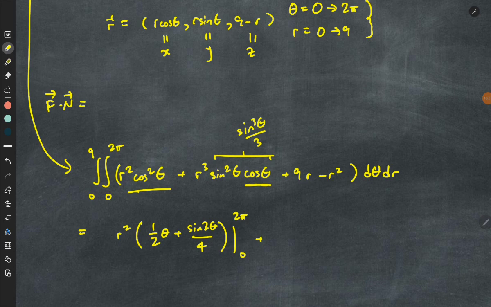If you differentiate the function sine cubed theta over 3, the 3 goes away from the cubic power of your sine term, and a cos theta term appears because of the chain rule. So just by inspection, you know that the integral of sine squared theta cos theta should equal sine cubed theta divided by 3. Because we're only integrating with respect to theta, the r cubed term stays the same.